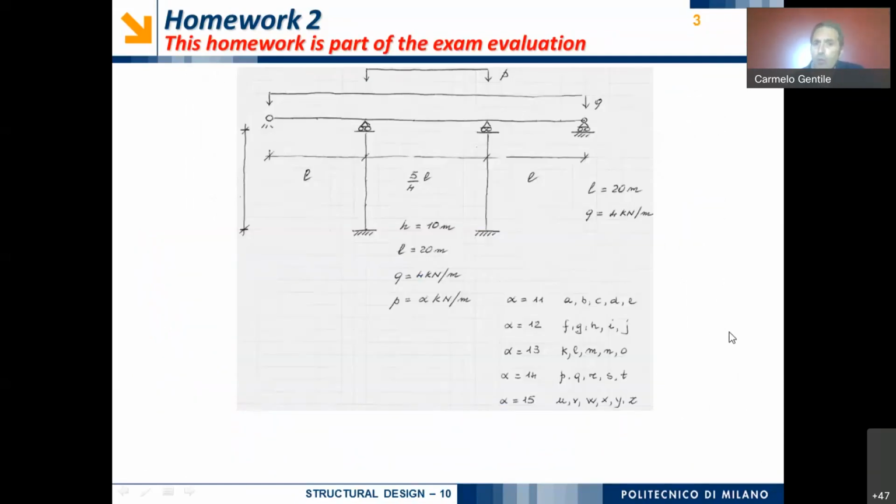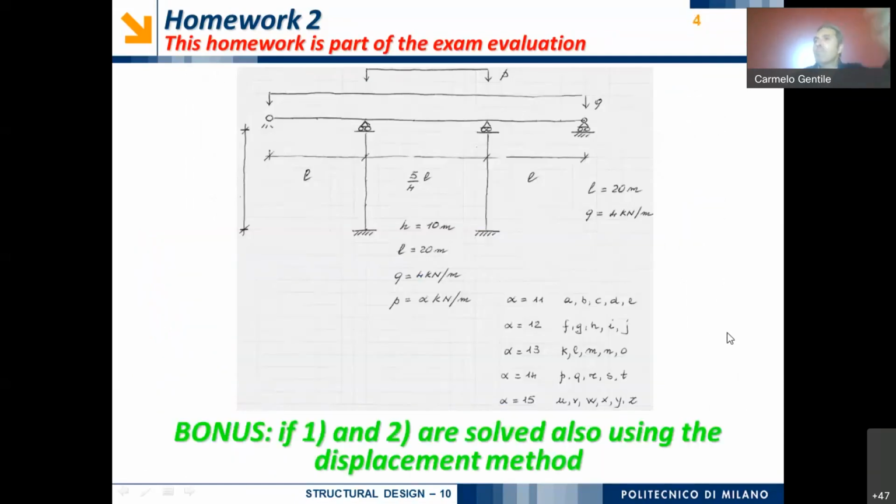Okay, so in order to force you to be a little bit more motivated in solving this exercise, I will add a bonus. So if the parts of the exercise that are denoted as 1 and 2 are solved also using the displacement method, you will have a bonus of 2 points in the final mark of the exam.